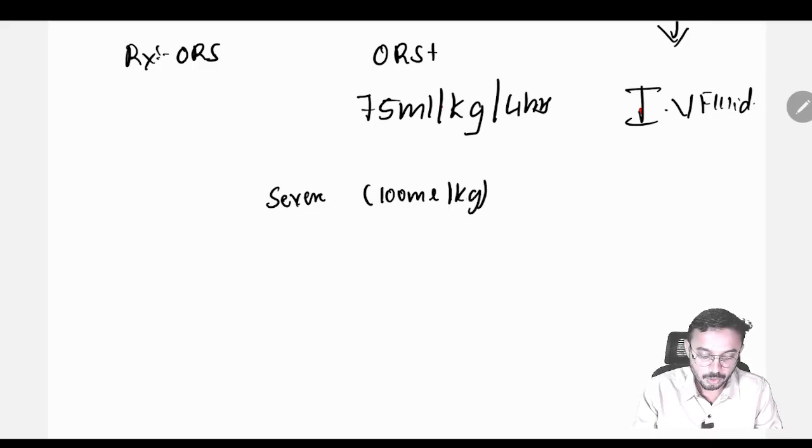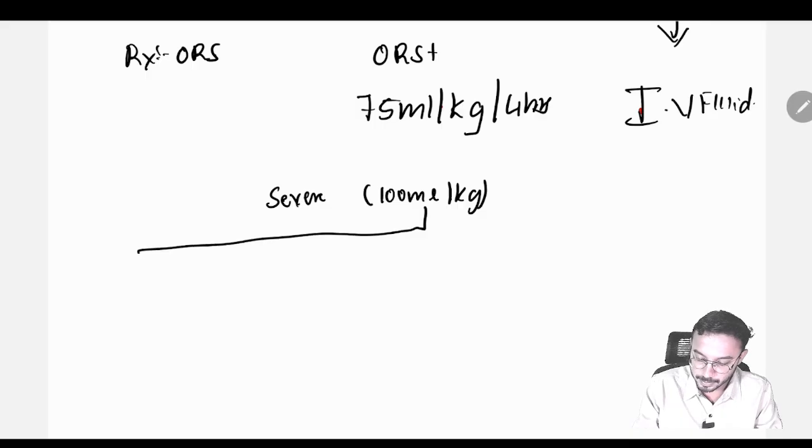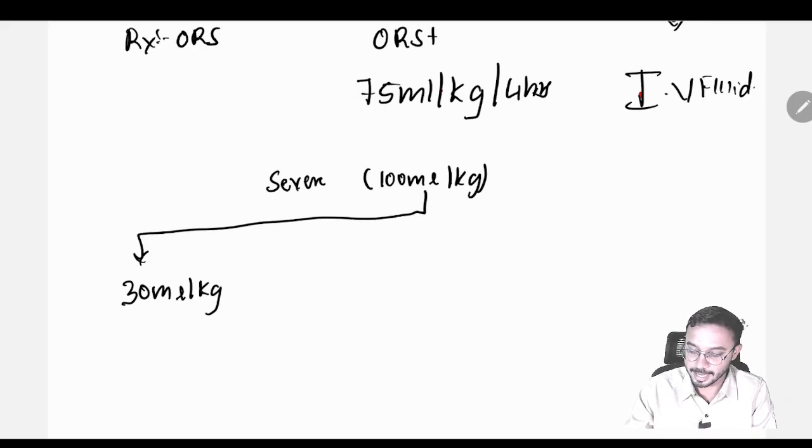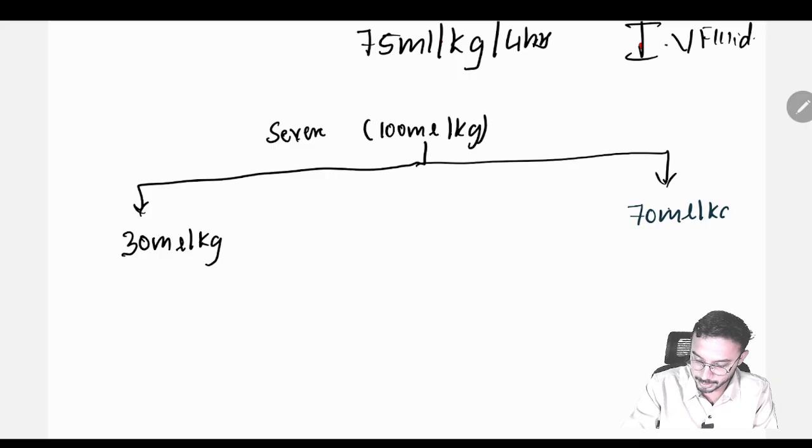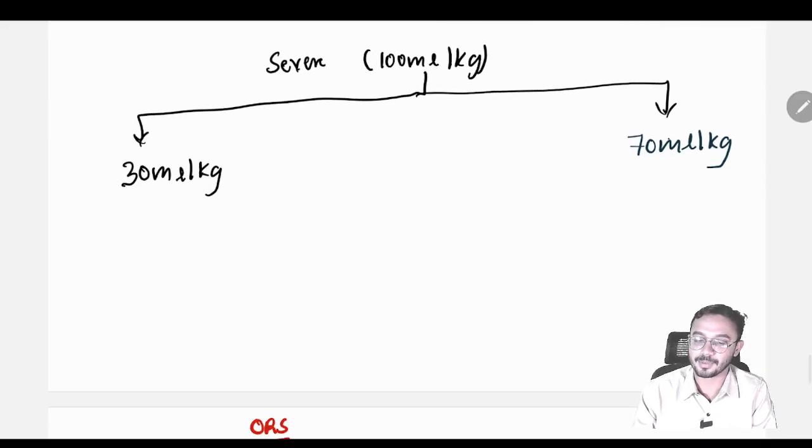You should divide this 100 ml into 30 ml per kg and the next 70 ml per kg. So you cannot give 100 ml directly. You have to divide it into 30 ml and 70 ml.